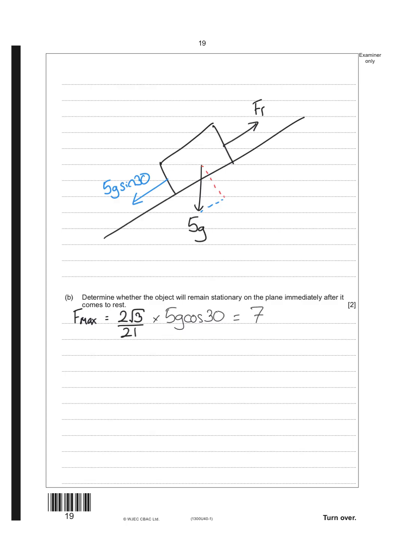Okay, so that means we have a pool of 7 newtons worth of friction to play with here. So then let's evaluate 5g sine 30 and see what that is. So 5 times 9.8 times sine of 30, that is 24.5.